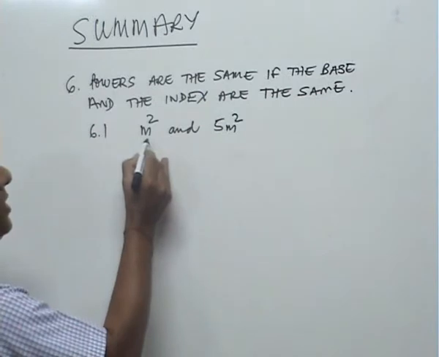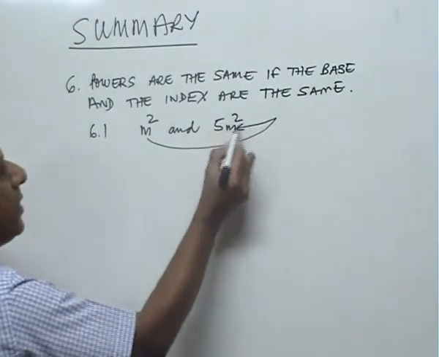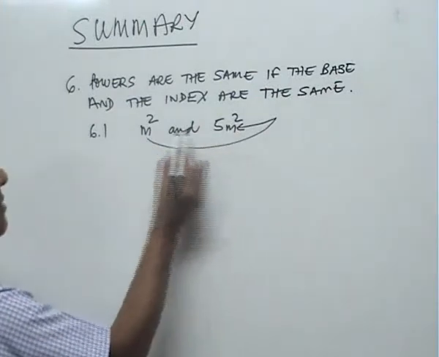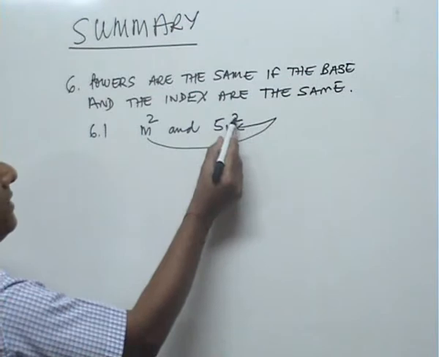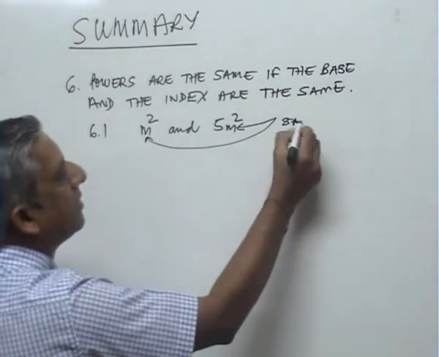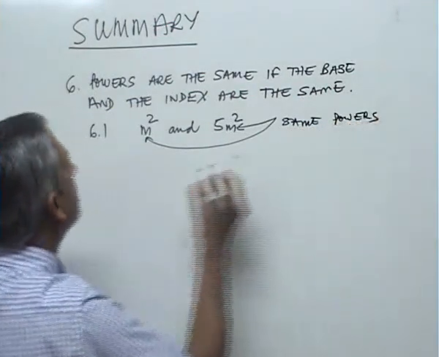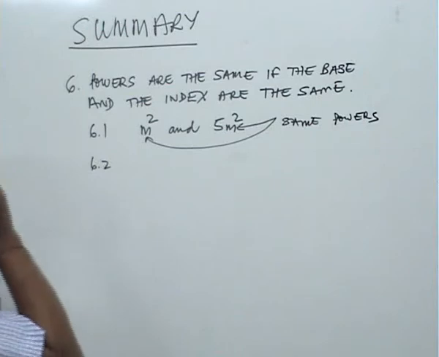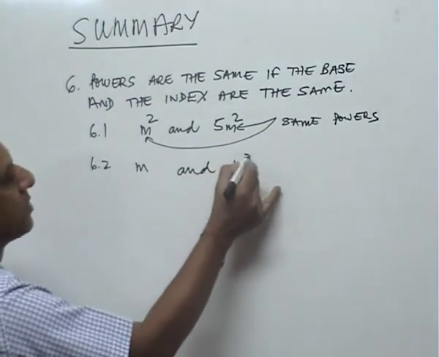We are interested in looking at the powers here. The power here is m squared. The bases are the same, m and m. The index here and the index there is the same. So these are same powers. Then we look at another example, m and m squared.